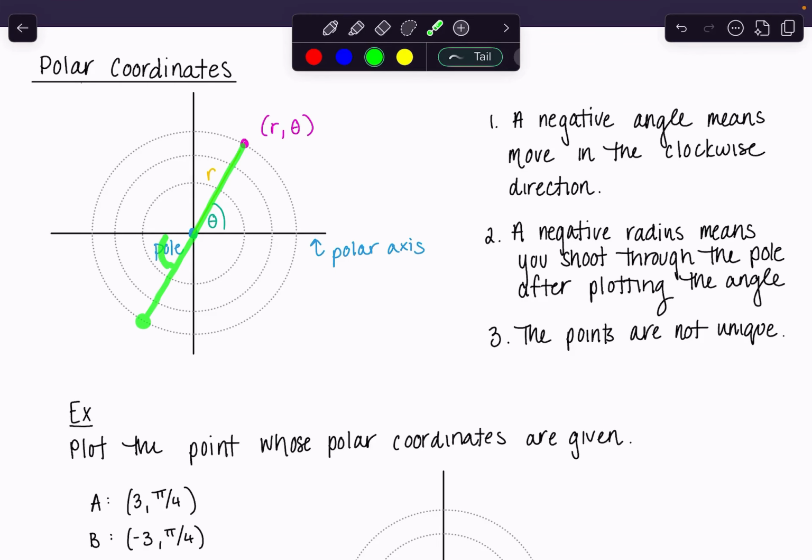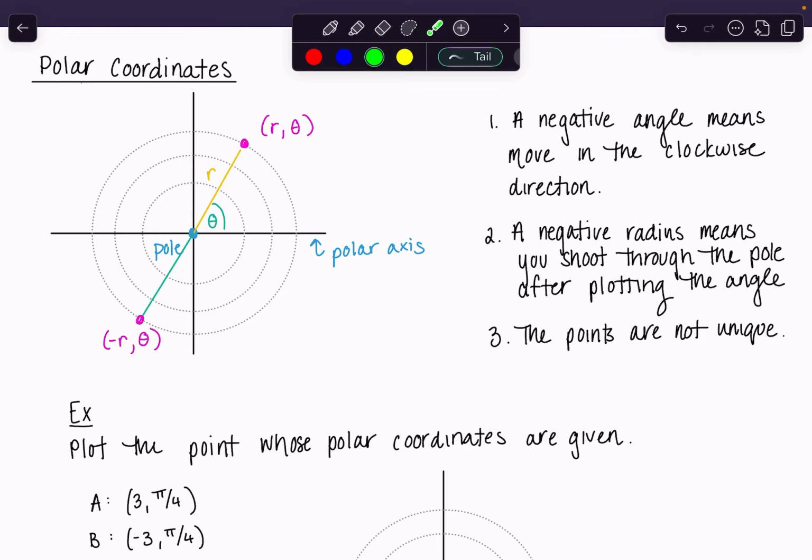And this angle here would be the same one as your theta value, okay? So this point down here would actually be the same, but with negative r. So the coordinates for this one would be negative r and still that same theta value, okay? So it ends up forming a straight line directly through the pole.